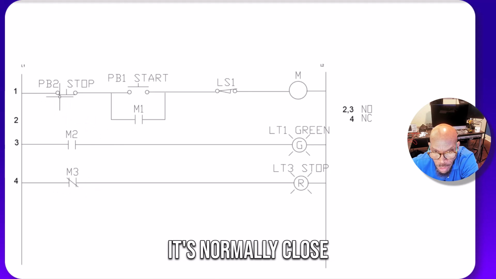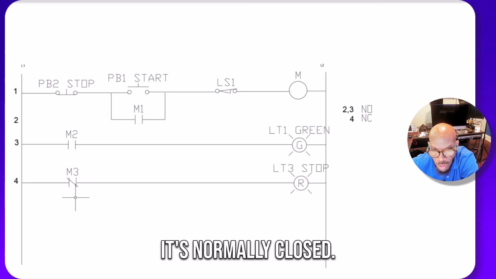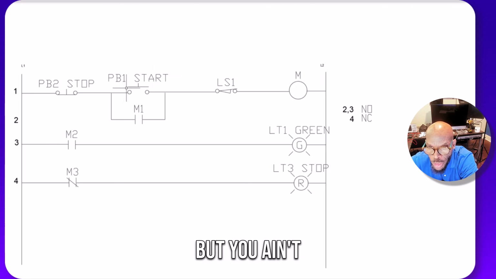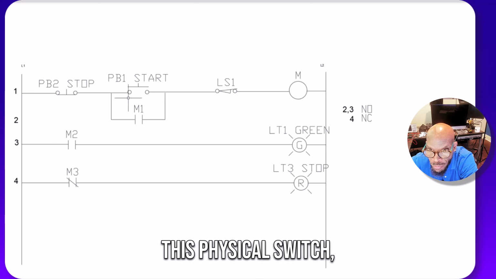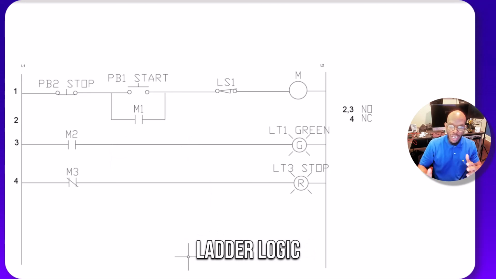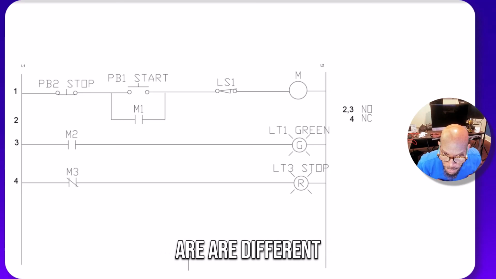See how it's normally closed? It's touching, so that means it's closed. And then you will see PB1 start in ladder logic, but you won't see this physical switch right here. You will see a contact like this. That's called PB. So that's how ladder logic and control circuits are different from each other.